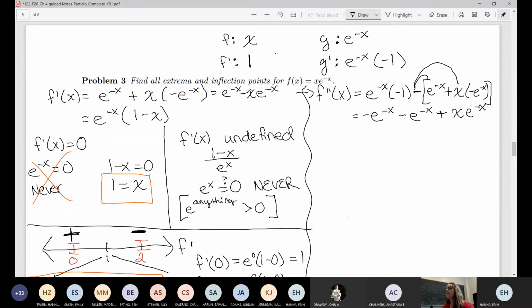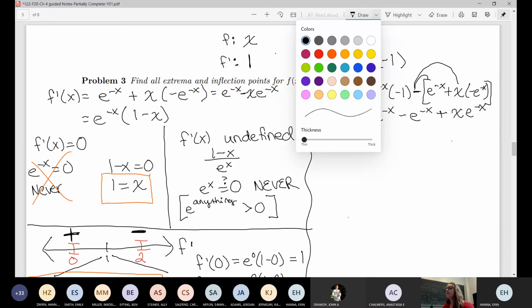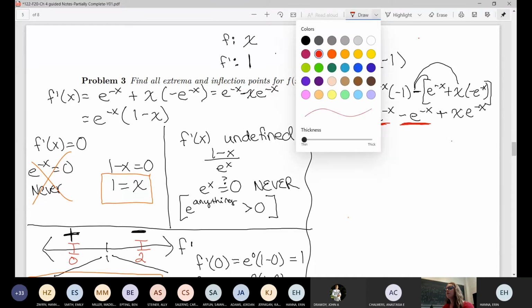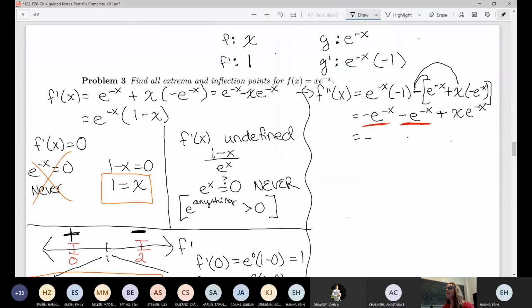Okay. One last thing we'll want to do for this to simplify it a little better. Trust me, it'll help in the next step. Notice we have negative e to the negative x minus e to the negative x. That's going to give us minus 2e to the negative x plus x e to the negative x.